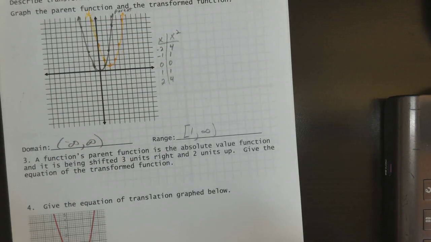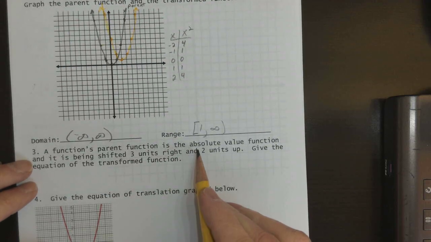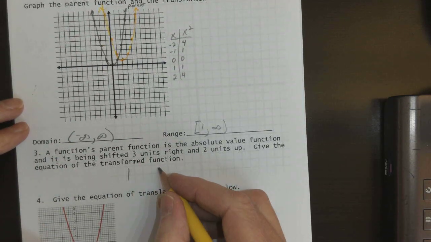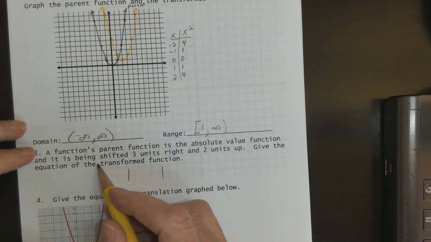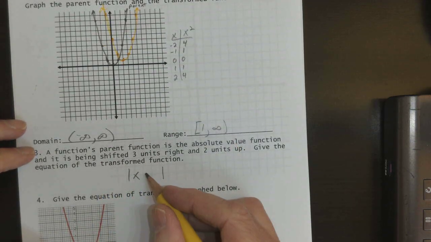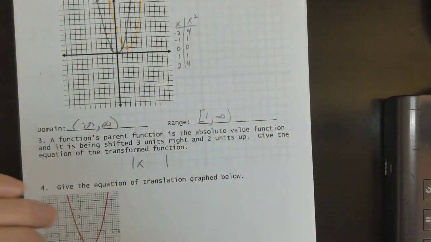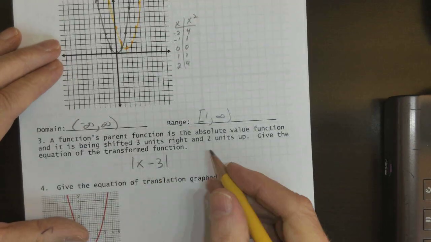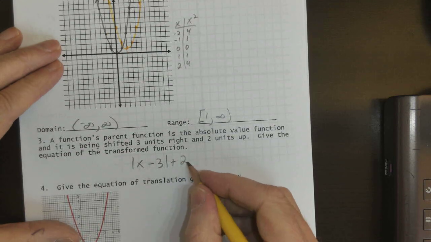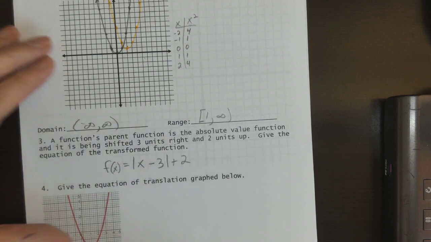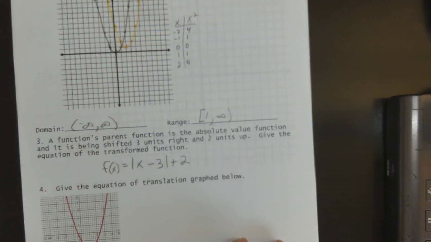Now, a function's parent function is the absolute value function. I'll draw this. And it is being shifted 3 units to the right and 2 units up. And there's the equation of the transformed function.